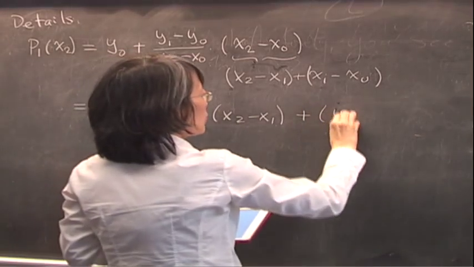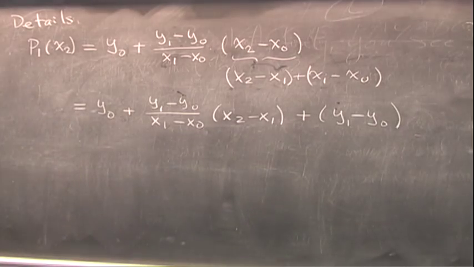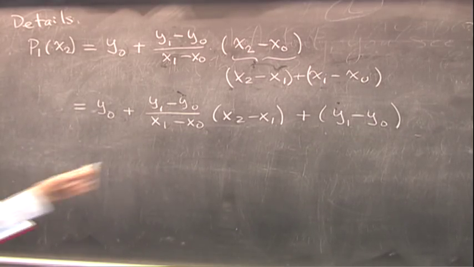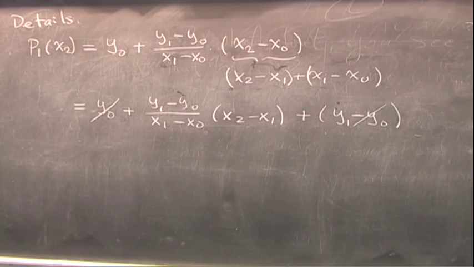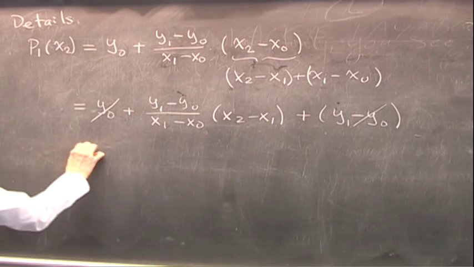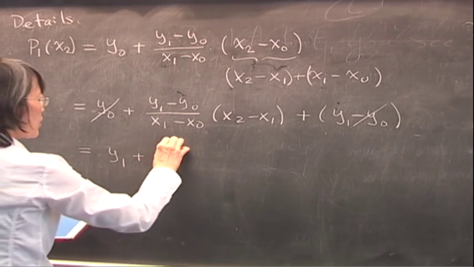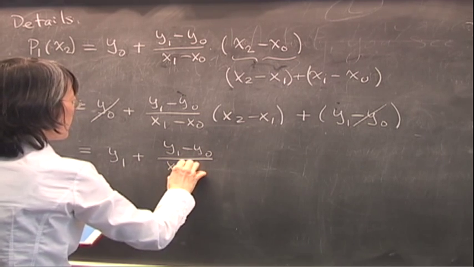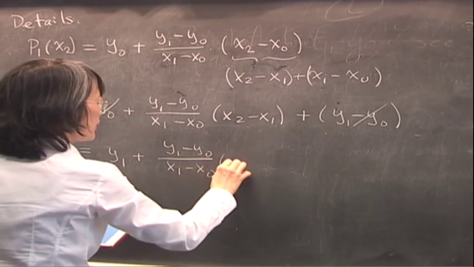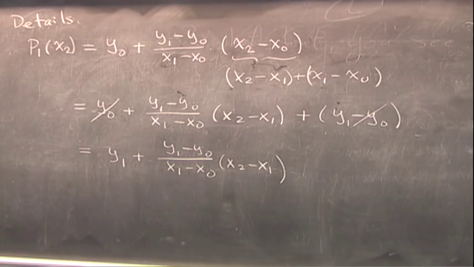So I have y1 minus y0. Okay, so the whole point is now I have a cancellation. This one cancels that. So okay, I can take one more step. So what do I have? I will have y1 plus (y1 minus y0) over (x1 minus x0) times (x2 minus x1). I just write it down in a clean way.